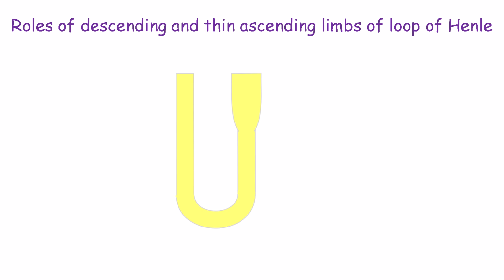As you have just seen, active transport of sodium and chloride from the thick ascending limb of the loop of Henle creates a high salt concentration in the surrounding interstitium. In the inner medulla, this is further amplified by a high concentration of urea, making the interstitium hyperosmotic.